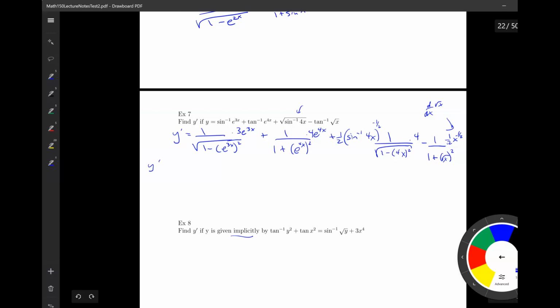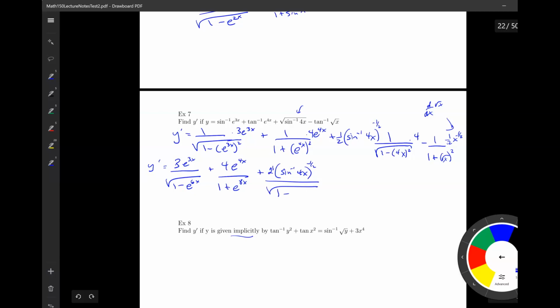All right, so let's just clean this up so you can see what I've got. I've got 3e to the 3x over 1 minus, again, you multiply those exponents, so you get 6x, plus 4e to the 4x over 1 plus e to the 8x, plus 1/2 inverse sine of 4x to the negative 1/2, and this is all times 4, so I guess we can get rid of that and make it a 2 on the outside.